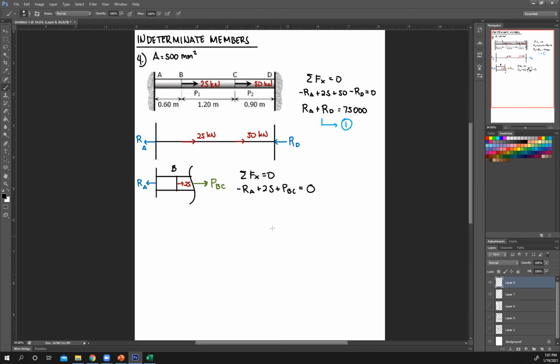So my goal now is to solve for this. Right, so PBC now equal to RA minus 25. So we have another equation. Call that your equation number 2. But as you can see, now we have 3 unknowns. So I need another equation which we'll get from our compatibility equation.